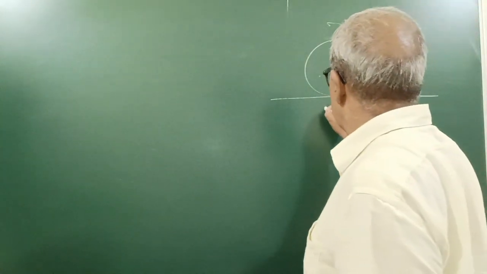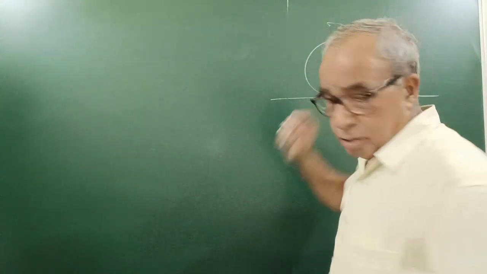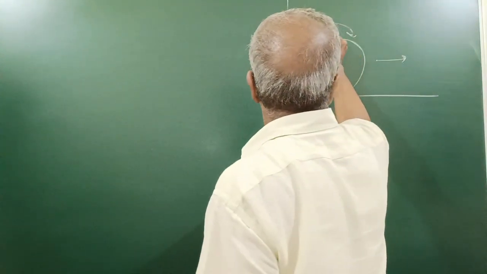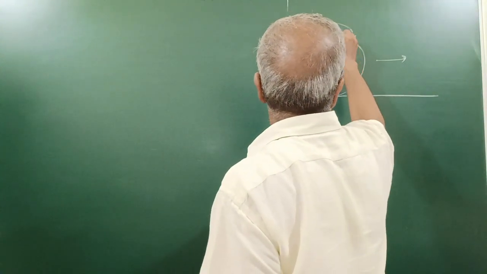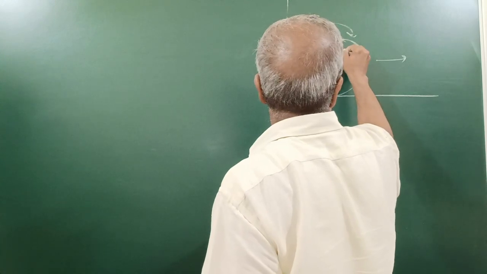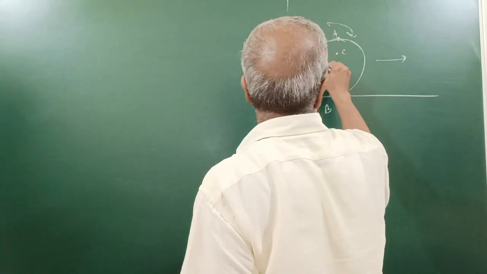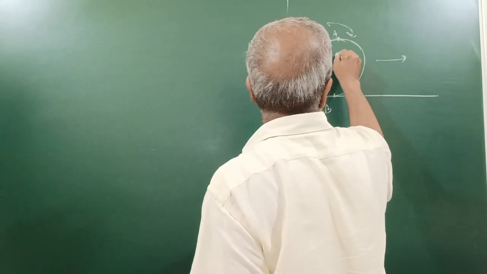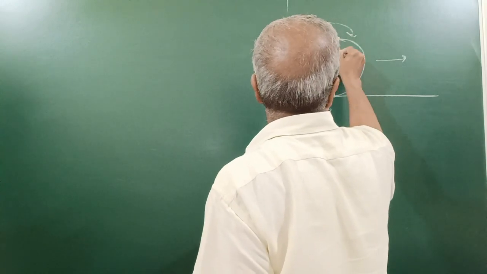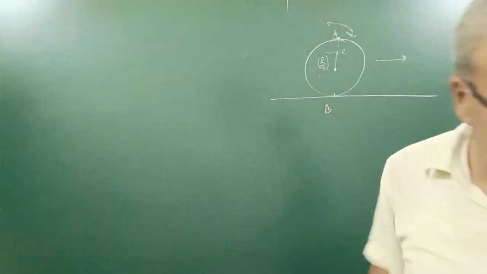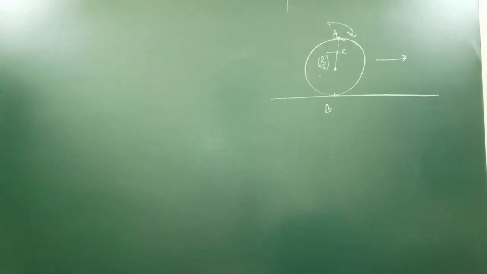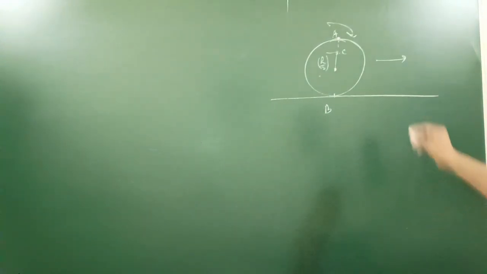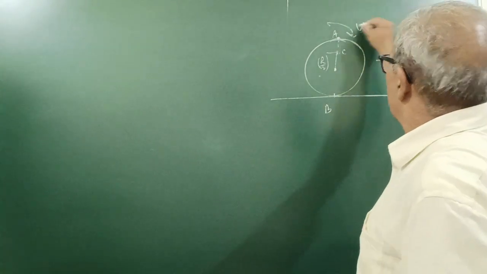Here is point A, and then point C here at distance r by 2. You are asked: a disk rotating about its axis with angular velocity omega 0.